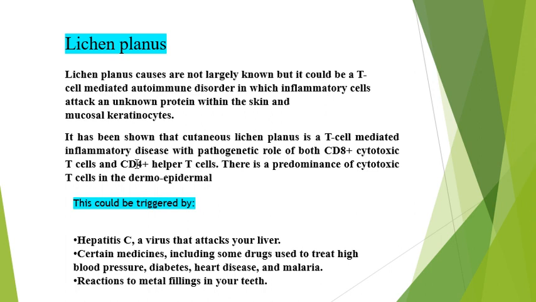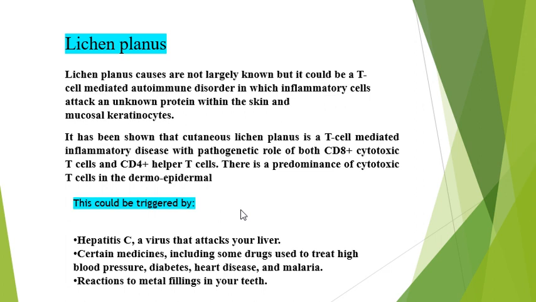T helper 1 cells produce interleukin 2 and interferon gamma, which are very important for activation and recruitment of CD8. These CD8 cells are present in the dermo-epidermal region.